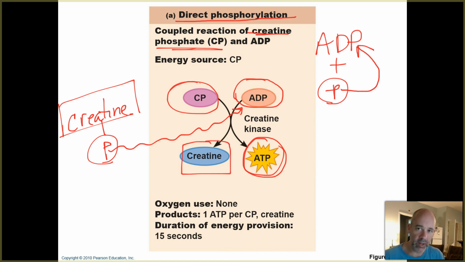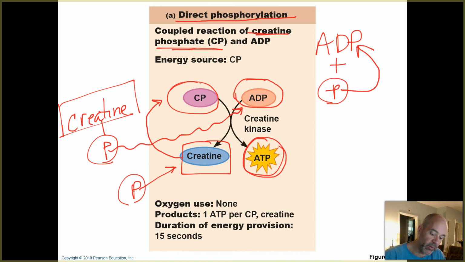Later, when you're not using the muscle anymore, the reverse can happen, and those phosphates can be transferred back onto the creatine so that you remake CP, creatine phosphate. So creatine phosphate is an energy storage molecule, and it's another way for your skeletal muscle fibers to be prepared to generate ATP very quickly when they need to.